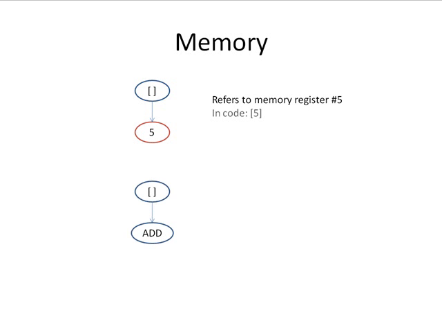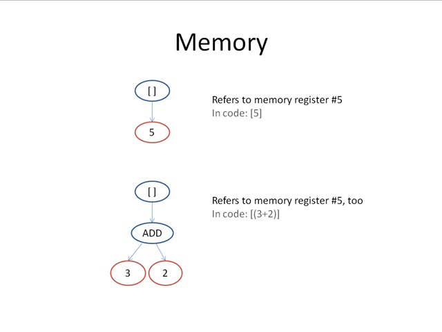The square brackets operator, in fact, references the value stored at the memory position told by its unique operand. For example, a 5 between square brackets refers to memory register number 5. Of course, expressions can be put inside the square brackets to refer to a desired memory register position.